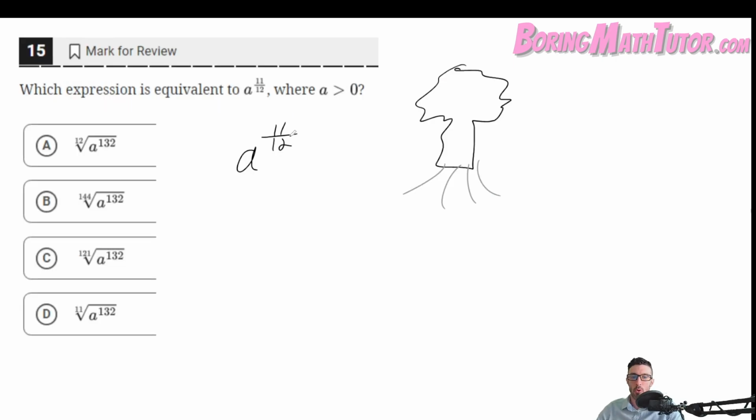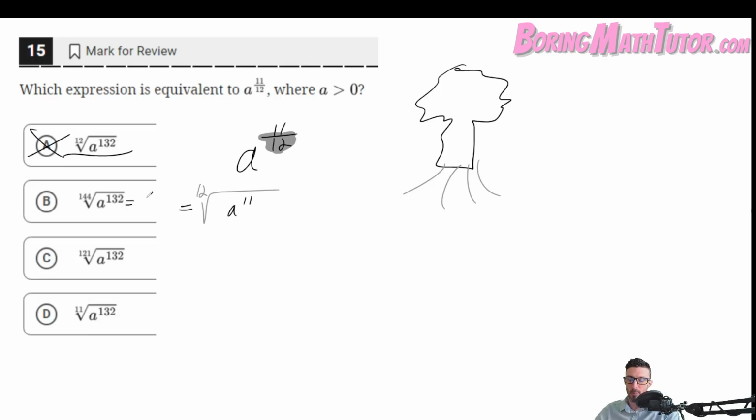First thing you got to know is that just like a tree has its roots at the bottom of a fraction exponent can become your root. So we're going to make this equal to the 12th root of a to the 11. Now I'm seeing the 12th root of a to the 132. That's clearly not going to be the answer.